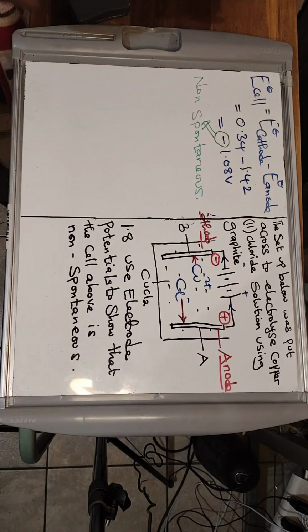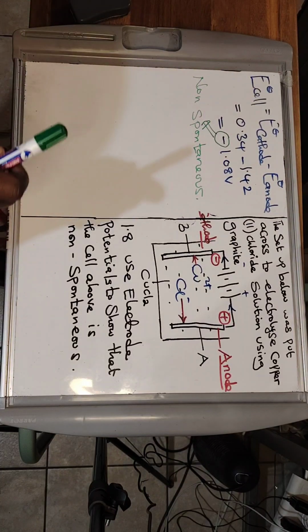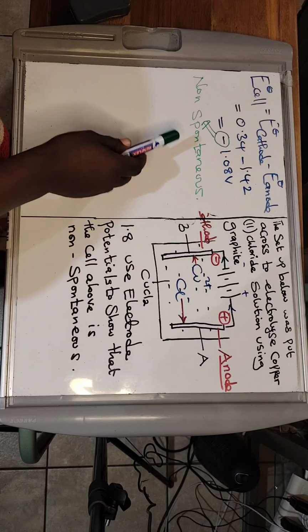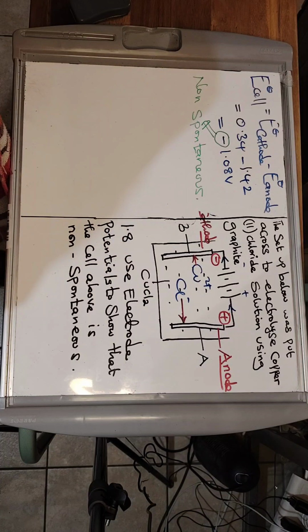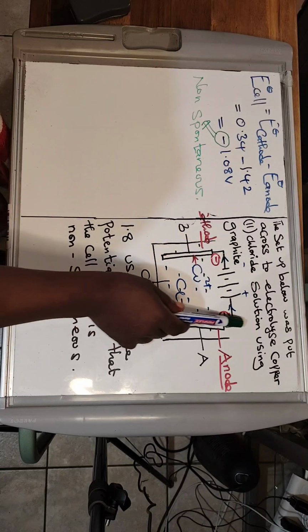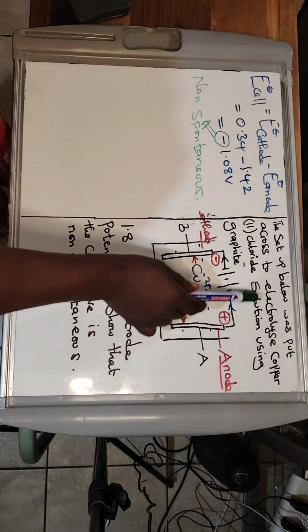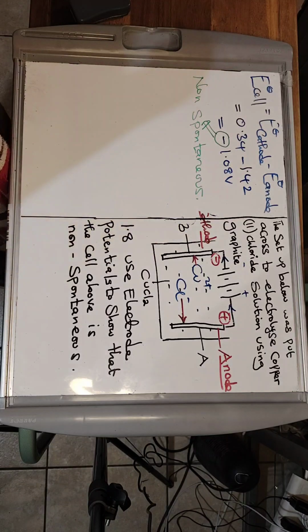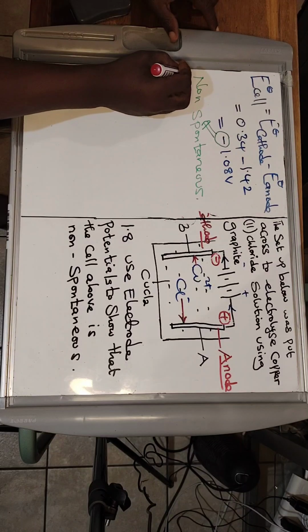Actually, I would like to tell you that all electrolytic cells are non-spontaneous. It's the reason why you see a battery here. It means that without this battery, they cannot proceed. What is a non-spontaneous cell?